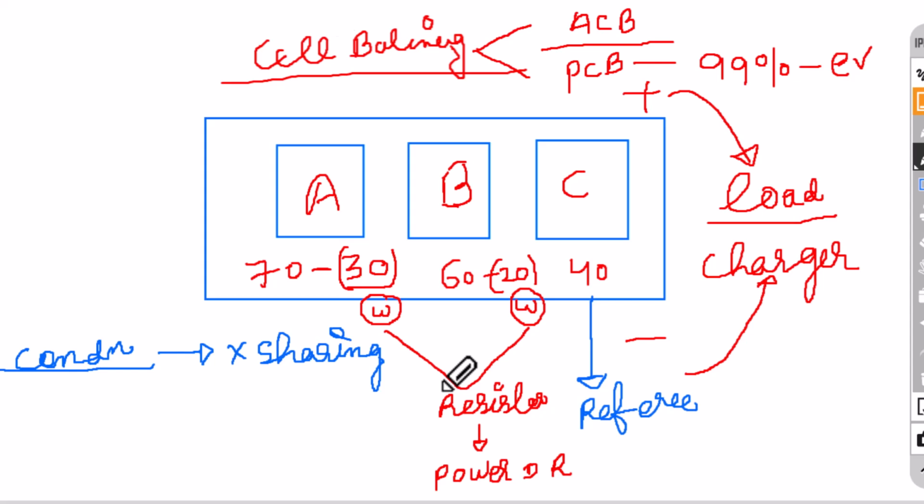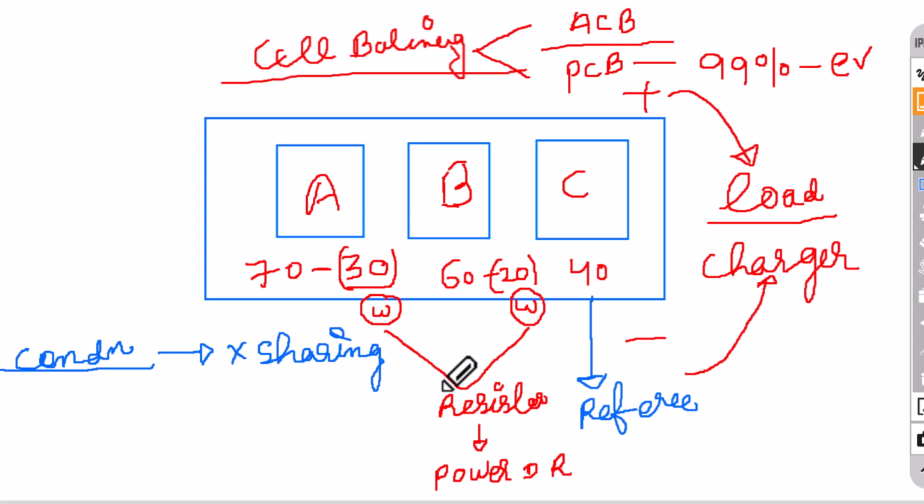Let's build this in the simulation. Okay, the process of the simulation. The same theoretical thing we have to implement in the simulation. That is the beauty of electric vehicle training: the accumulation of the theoretical and the software.